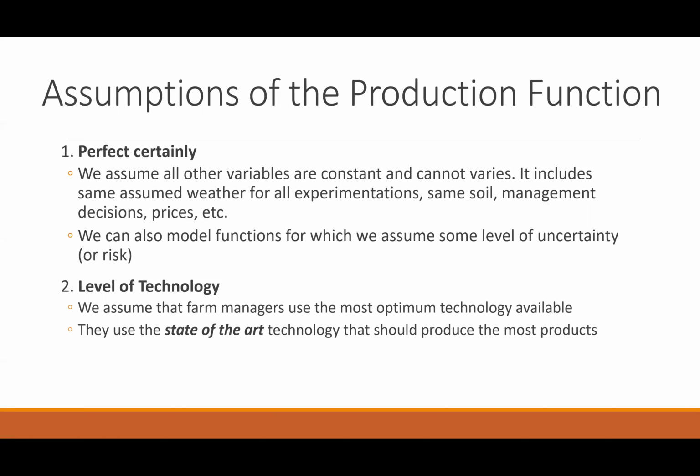And so we can make those variables also change, but that is the larger economic model or econometrics model. The level of technology, okay, you assume not to change either, to be constant over time, and we call that the state of the art.